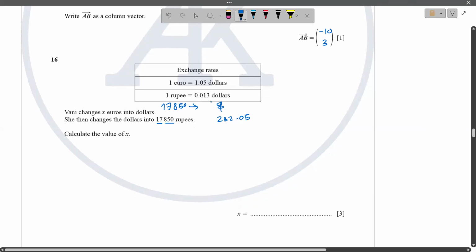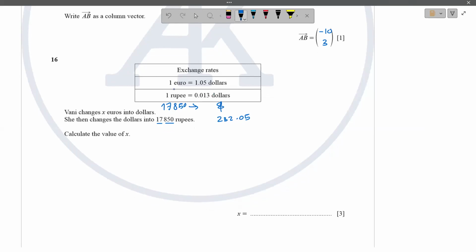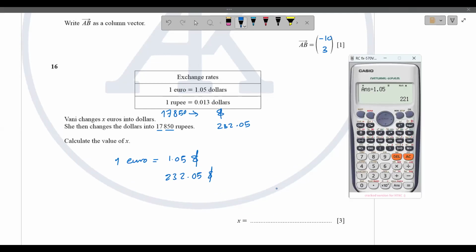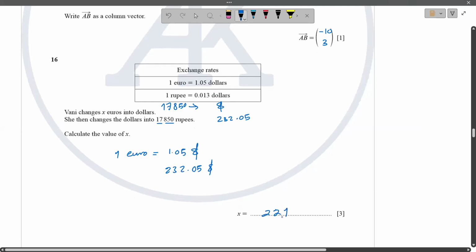And then we need to get the X euros. So I'm going to write 1 euro equals 1.05 dollars. So for 232.05, I'm going to divide by 1.05, which is equal to 121.